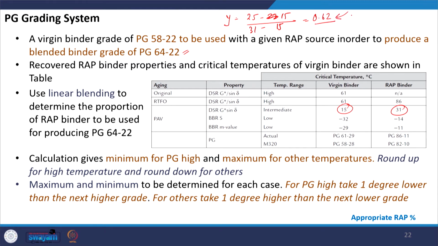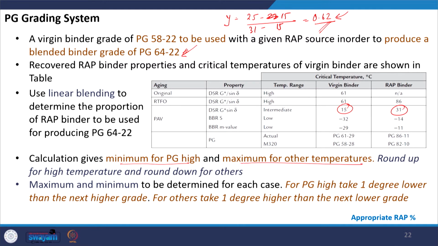This value is the maximum, which means in order to satisfy the criteria of G star dot sin delta less than 5000 kPa, the percentage of RAP should not be more than 62%. Because if you go more than 62%, you will have a stiffer binder which will not be sufficient to satisfy the criteria of our target grade, alright. So, this is the maximum, and that is why it is written that calculation gives minimum for PG high and maximum for other temperatures.